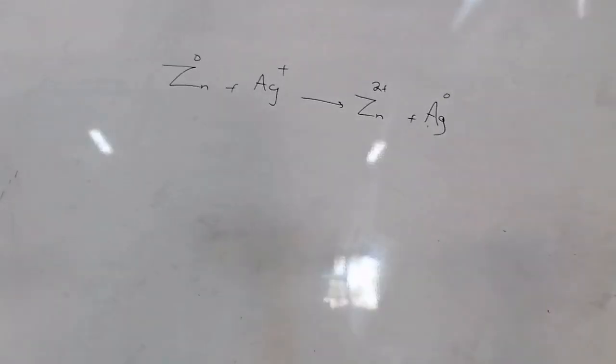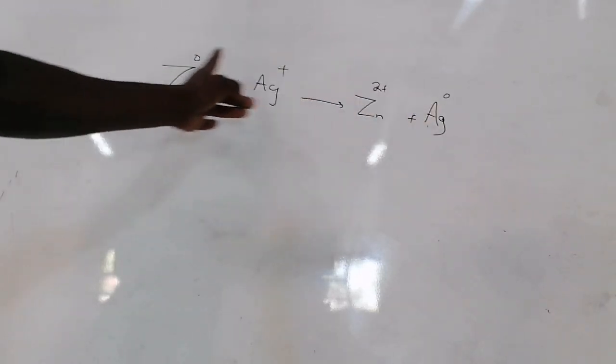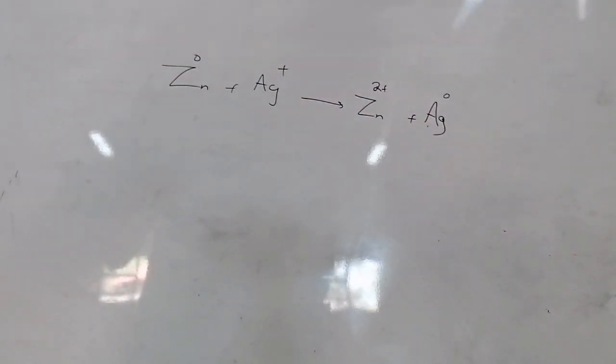Remember, it is very important to know how to find the oxidation number before you can find the agents. These things that you can see here, let me say if we're in math, are exponents, and they are called oxidation numbers.